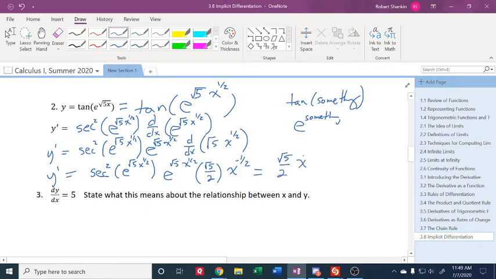You could put this as a square root in the denominator if you want to, or you can just leave it like this. And there we have that.